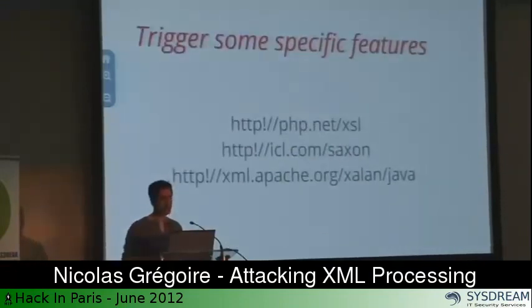But from a hacker perspective, the interesting feature is this one. You will use namespaces to trigger some very specific functionality which is useful to you. So the first one, this namespace is used to call PHP code from XSLT.